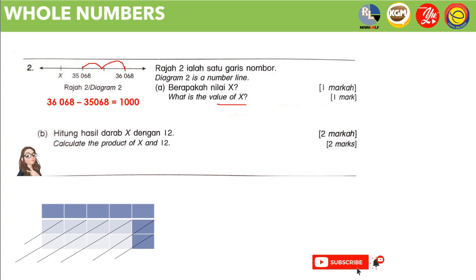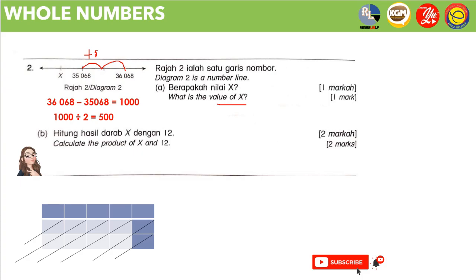That is 36,068 minus 35,068. So the answer is 1,000 for count down or count on for 2 parts. So to find for 1 part, we're going to divide by 2. So 1,000 divided by 2 is 500. So we realize that it is actually count on by 500.